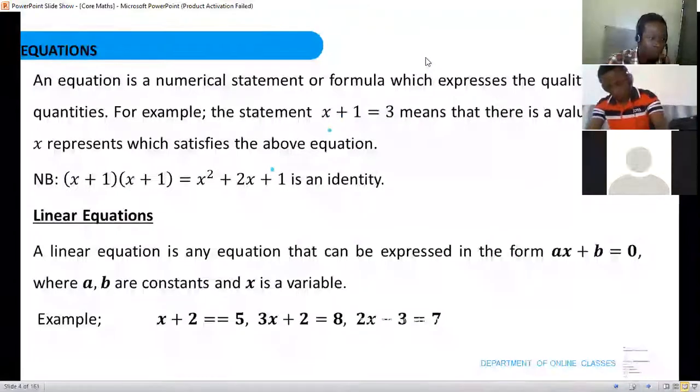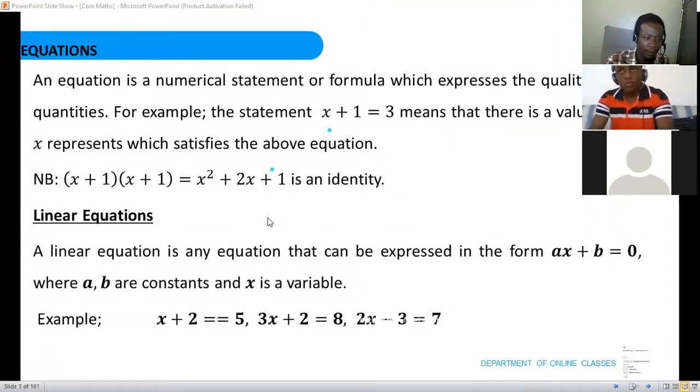Let me quickly refer you to that. Have you seen this example in the linear equations, where we have x + 2 = 5? L, are you okay?